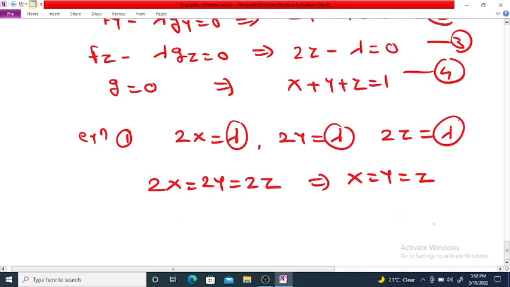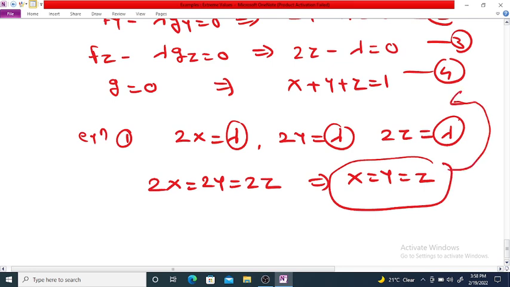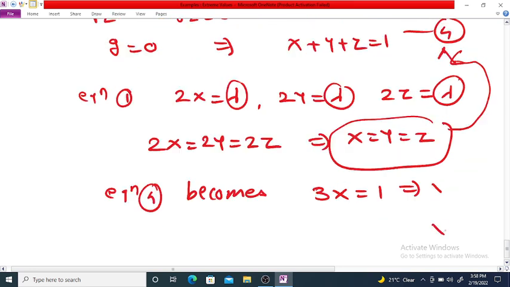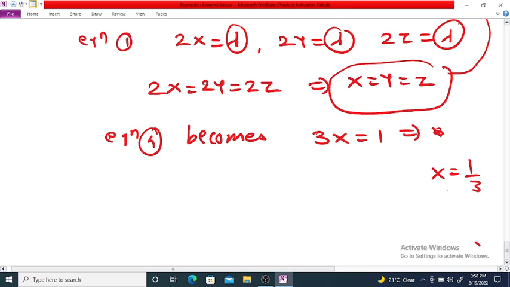Now if we substitute x equal to y equal to z in equation number 4, we get thrice x is equal to 1, and this implies x is equal to 1 by 3.